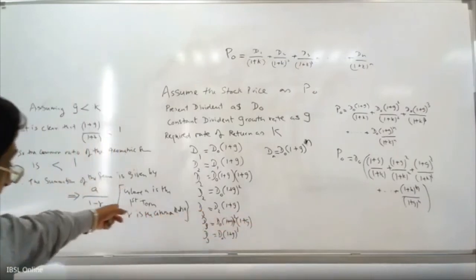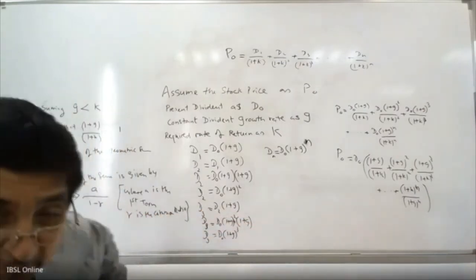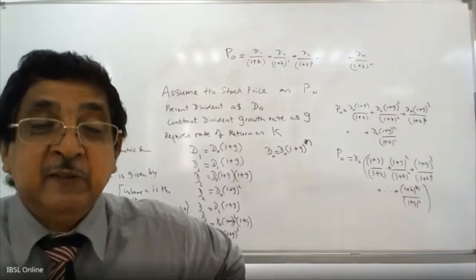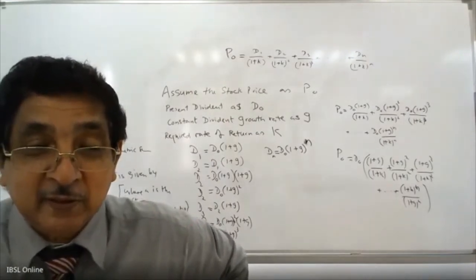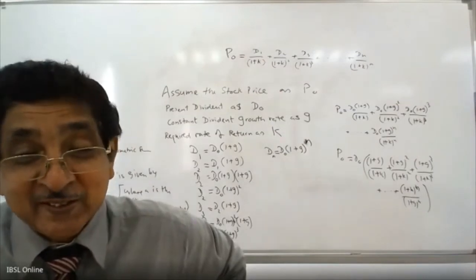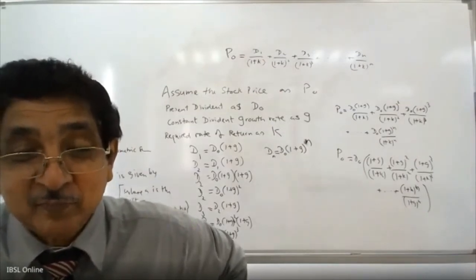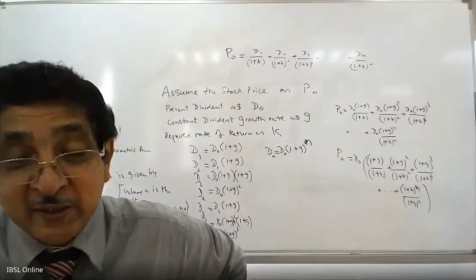So what is the formula? A divided by 1 minus R. Now can you see what is the summation?